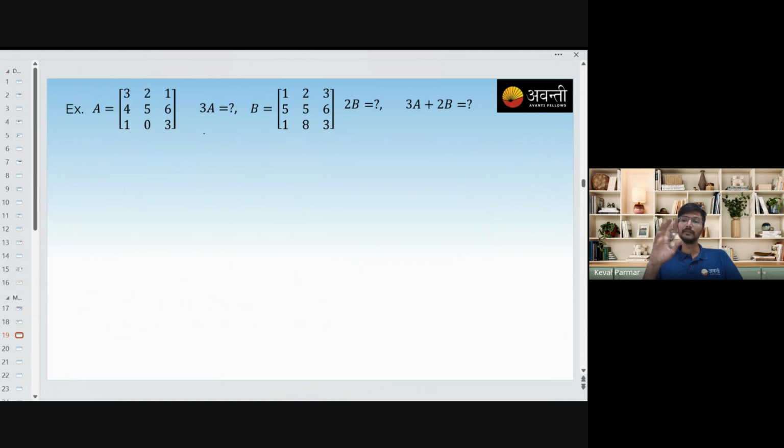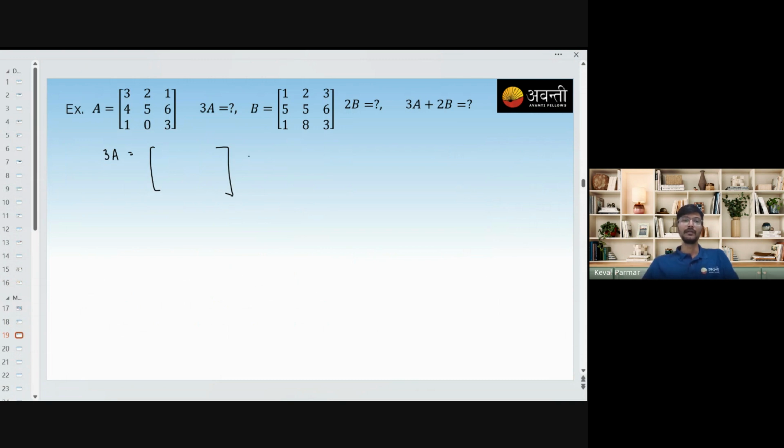Now, this is the scalar multiplication. Please remember, unlike determinants, where we used to multiply each single row with a scalar, here, when we multiply with a scalar, every element in the matrix will be multiplied with the same scalar.